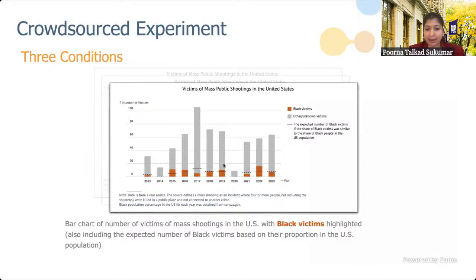And because the number of victims varied across the 3 racial groups, we also indicated the expected victim counts in the visualization based on the respective racial groups' proportion in the US population to provide adequate context for interpretation. And those are the dotted lines here.